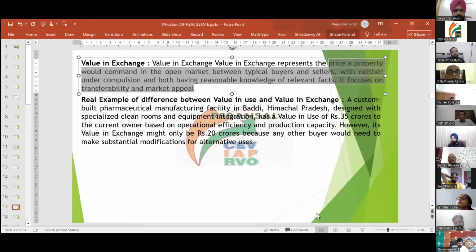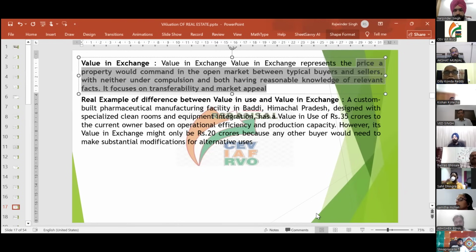It focuses on transferability and market appeal. So basically, value in exchange is the market value which we have discussed. So there are three things: value in place, value in use, and value in exchange.